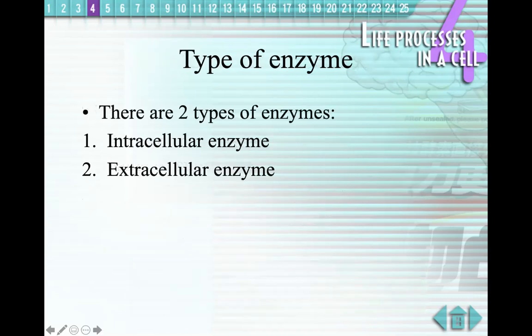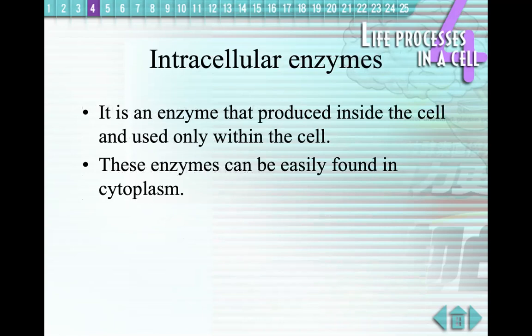There are two types of enzyme, which are intracellular and extracellular. What does it mean? Intracellular enzyme means the enzyme is produced in the cell and also used in the cell.